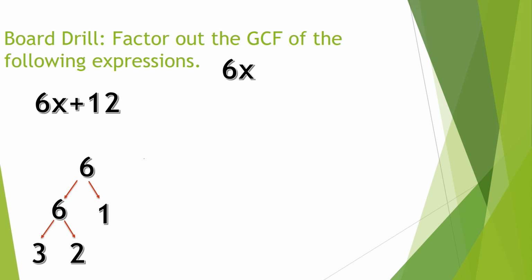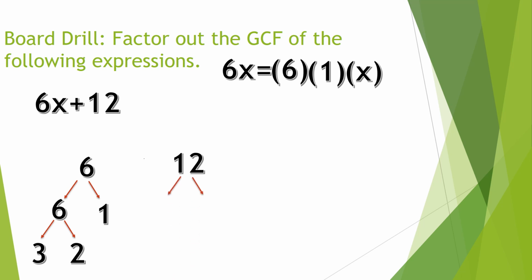Then 6x, ang factor niya is 6 times 1. So, dito tayo sa 6 times 1. Next, 12. The factor of 12 is 6 times 2. And 6, factor pa siya, we have 3 times 2.